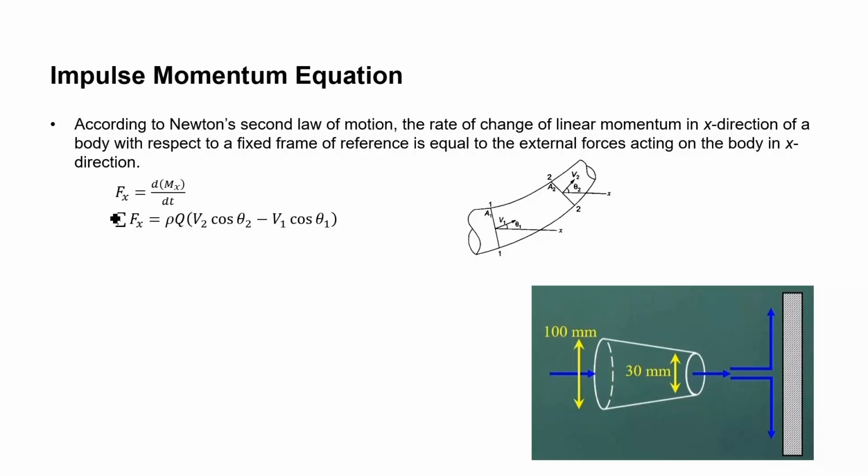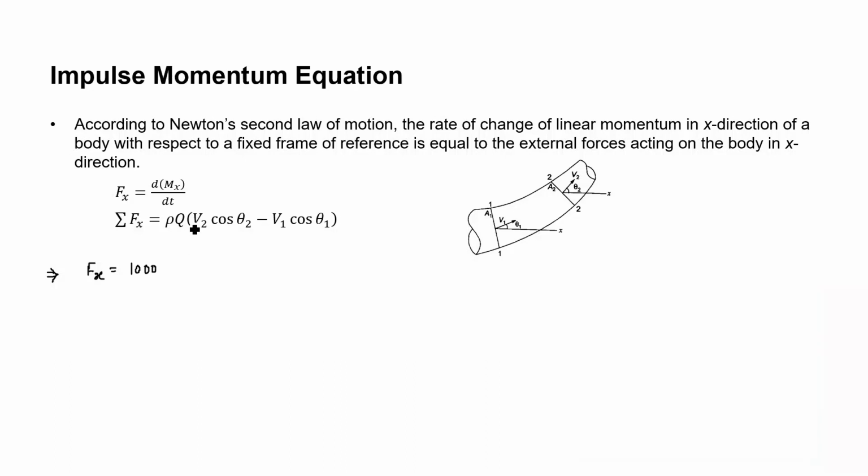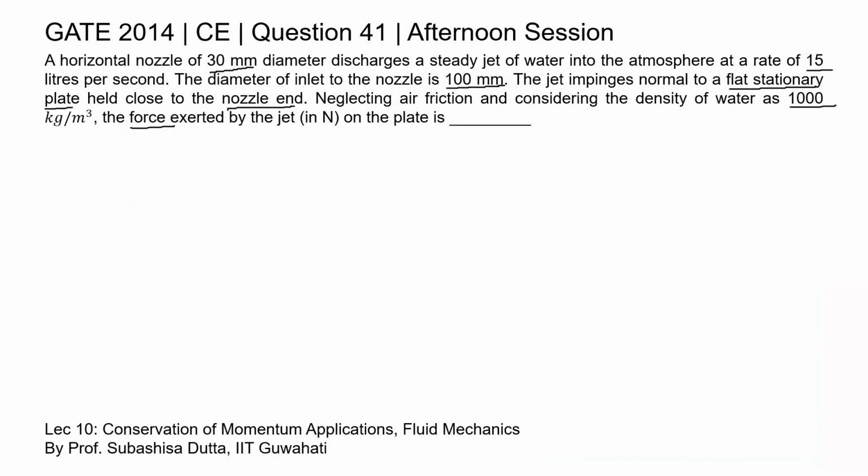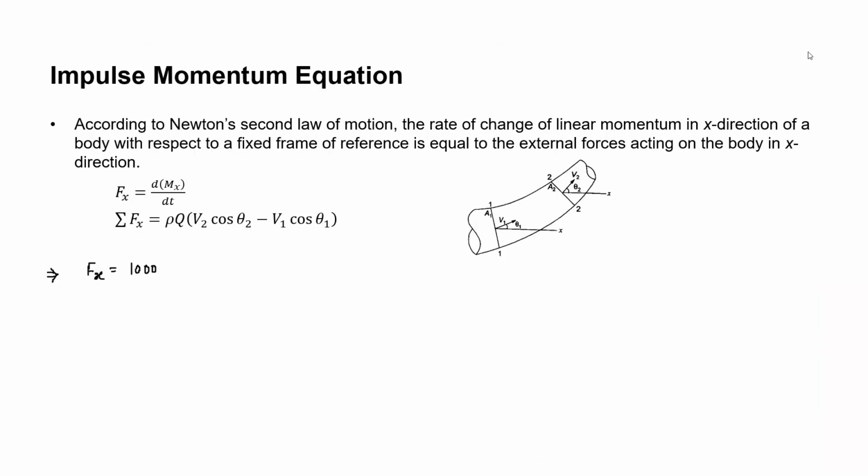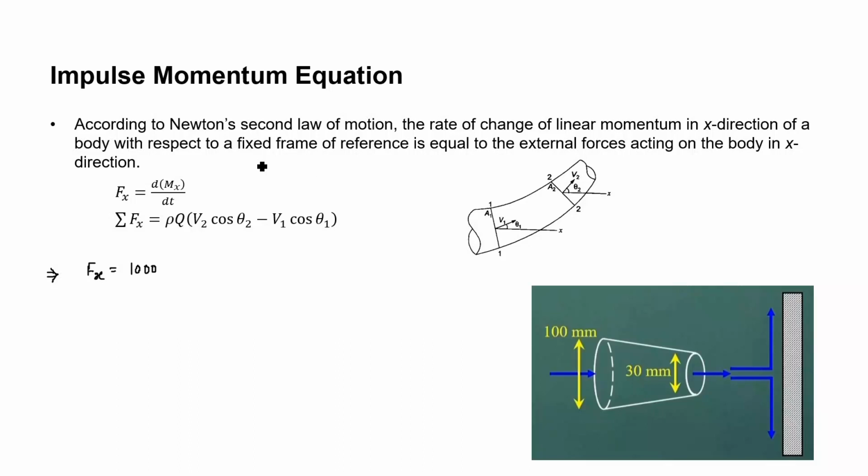So, if we take this equation, then we may write the force in x direction is equal to rho, the density of water which is 1000 kg per meter cube, times Q, the discharge given in the question as 15 liter per second. In meter cube we can write 15 into 10 to the power minus 3 meter cube per second, into V2 cos theta 2.